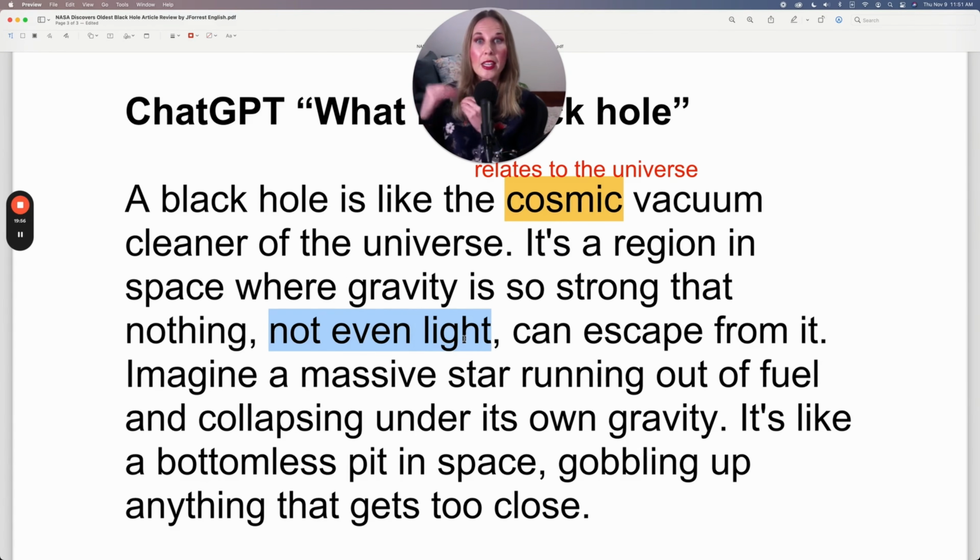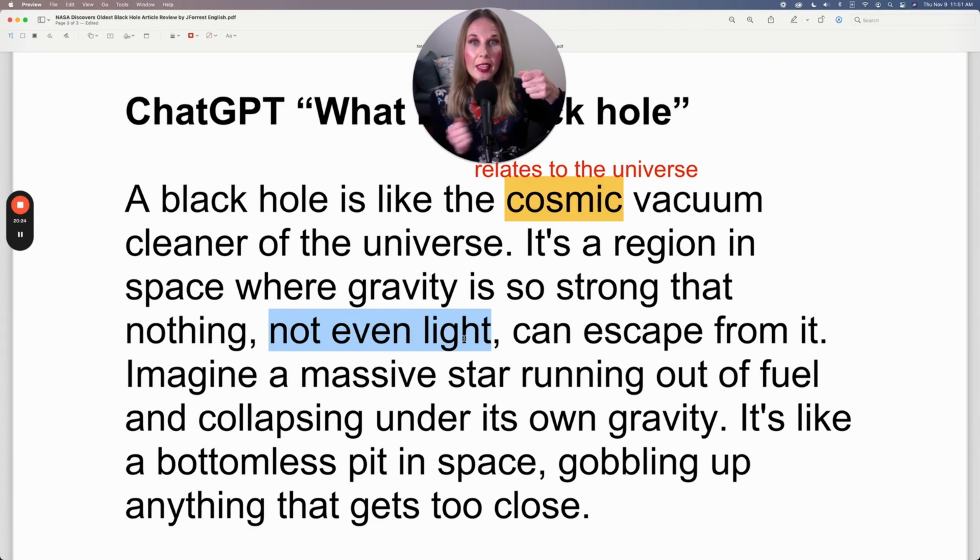So if light could escape from it, so again, remember the vacuum cleaner, but light is getting sucked into the vacuum cleaner. So notice that's a verb I used when I was describing the vacuum. I said you're sucking up some dirt in your living room because that's what a vacuum cleaner does. It sucks. That's the motion. So when dirt goes into it, it sucks up the dirt.